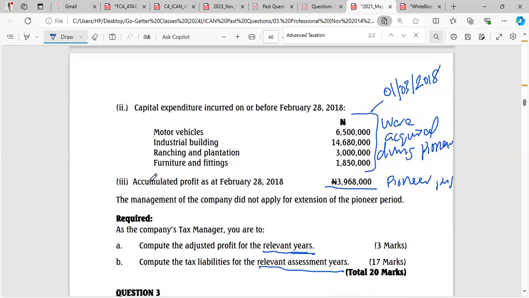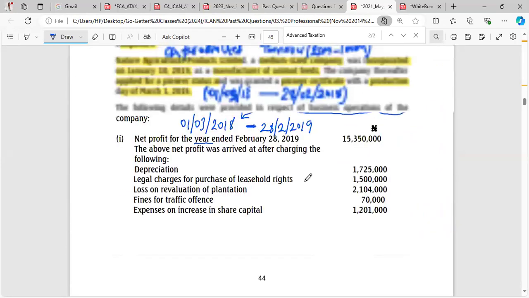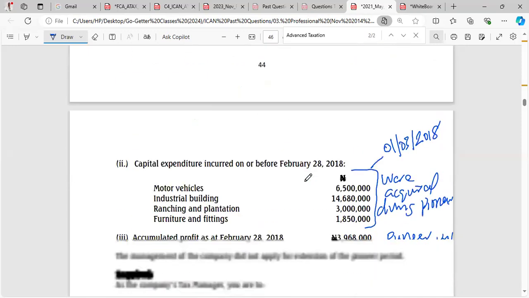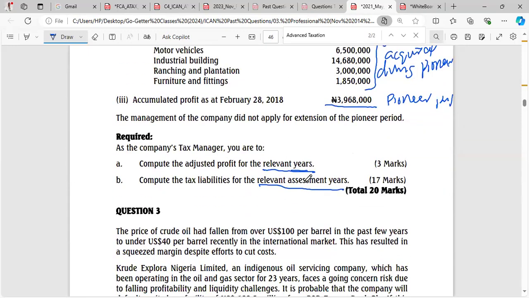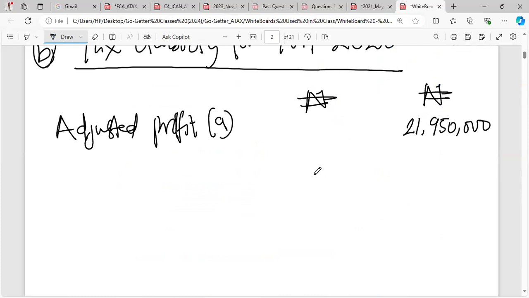That's it. We will now check if there's any loss that was carried. There was no loss, no accumulated loss from the pioneer period. This is just profit, no losses. So there is no loss. We will now have to do less capital allowance.